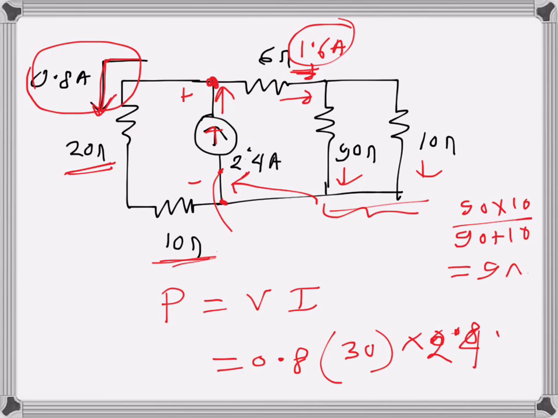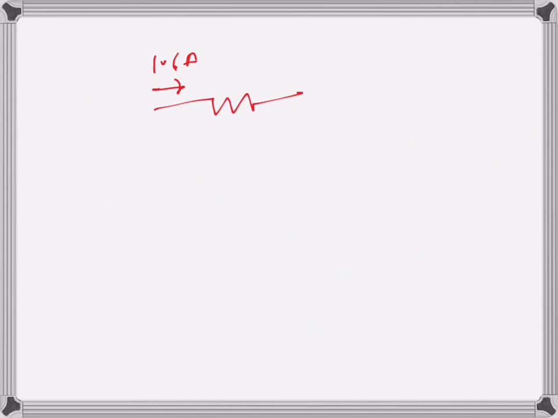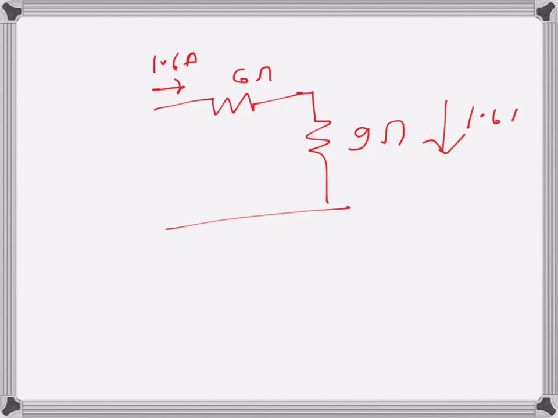So I will just draw this part. This is the 1.6 amps current, the 6 ohms resistance, and this one becomes just one resistance now, 9 ohms. So the current here is also 1.6 amps.